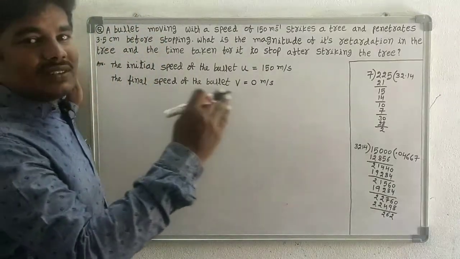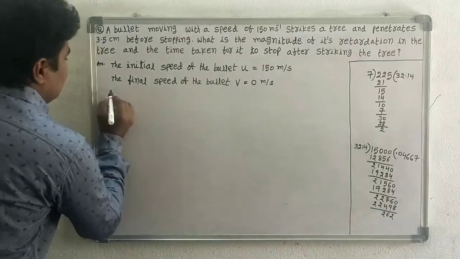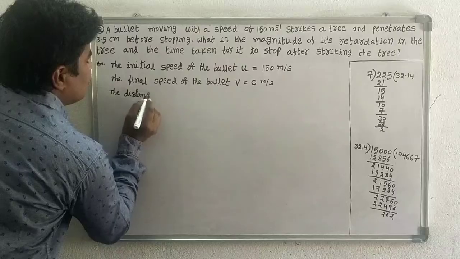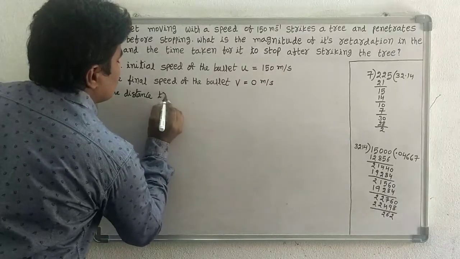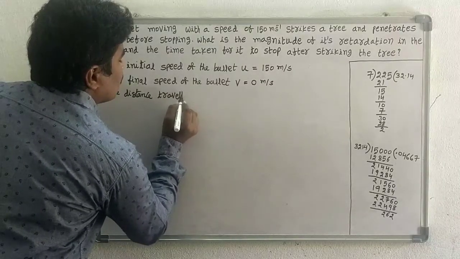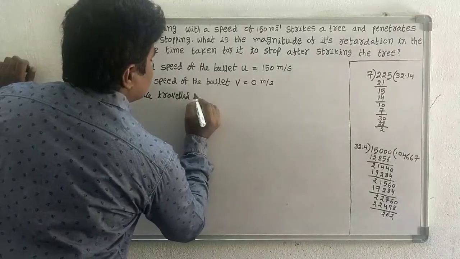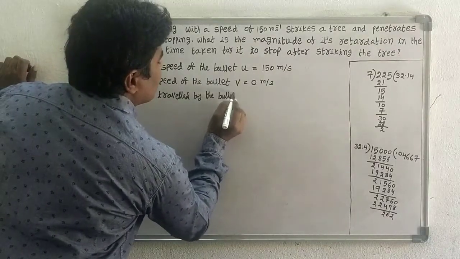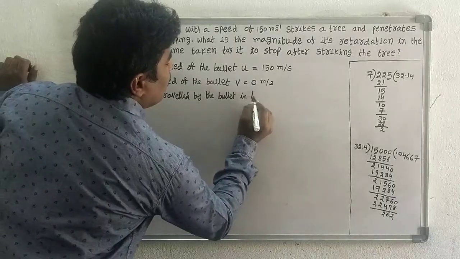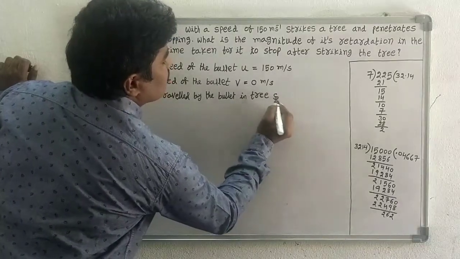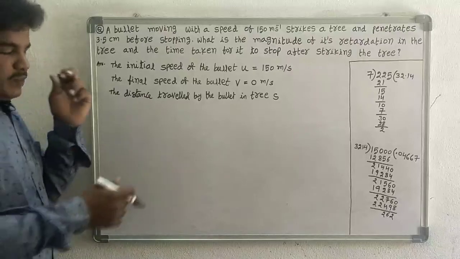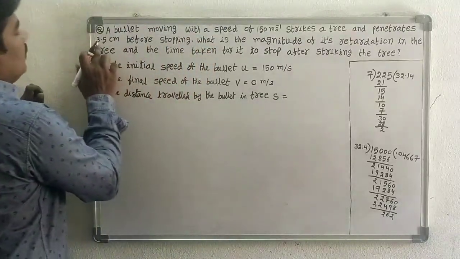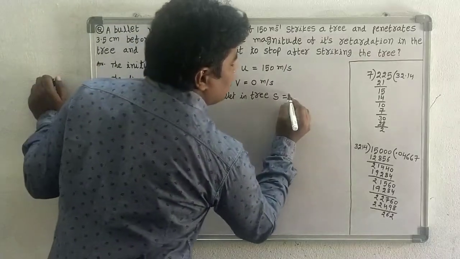Now the distance traveled by the bullet in the tree. That distance or displacement is represented by s. So that is 3.5 centimeters.